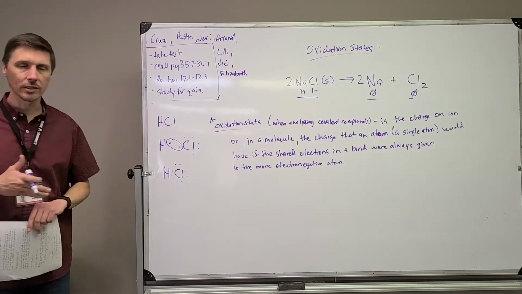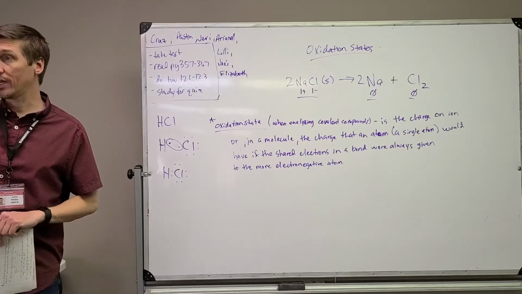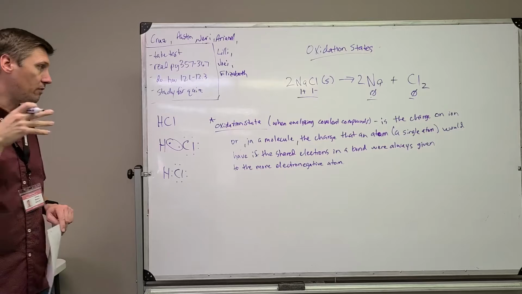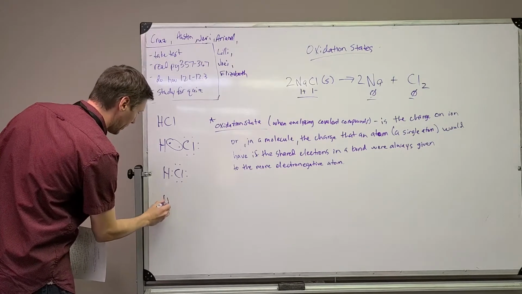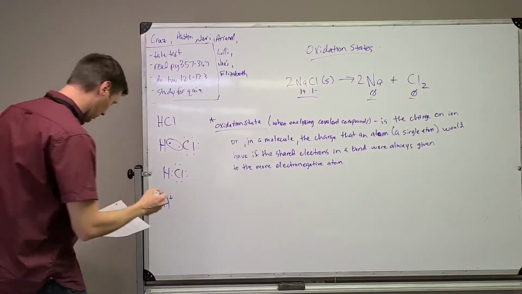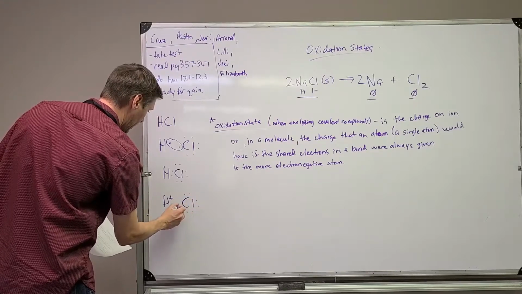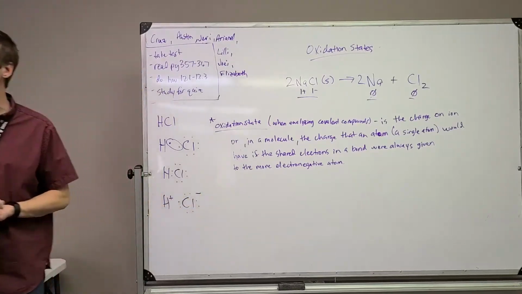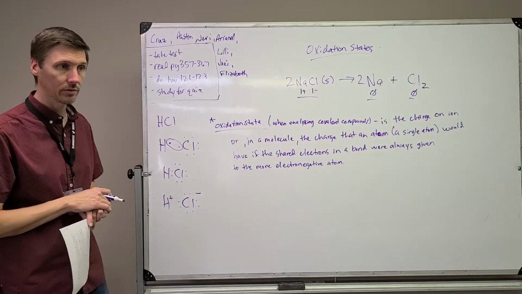But Cl is in column 7A, just below fluorine, and so it's more electronegative than H is. So for the sake of oxidation states, you need to think about it like this. H loses the electron because Cl wins the battle, right? And Cl gains an electron, so now that it's got an extra electron, it has a -1 charge. So that's how we need to think about covalent compounds when we're determining oxidation states. Okay?